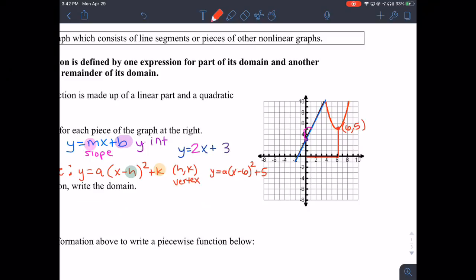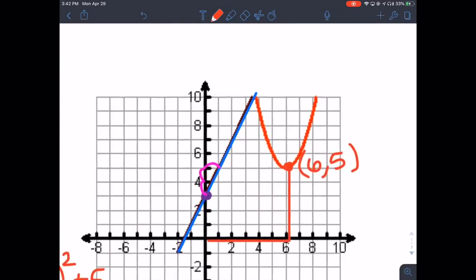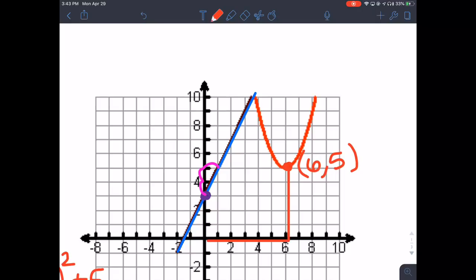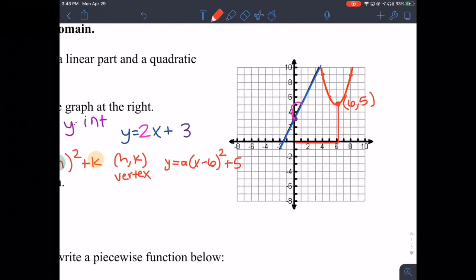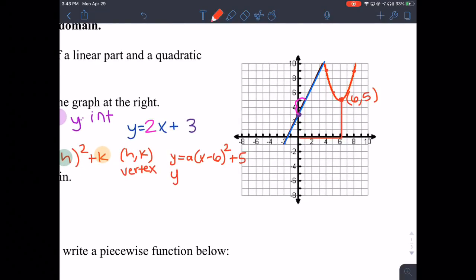Normally, we go over 1, up 1, over 2, up 4, because 1 squared is 1, 2 squared is 4. If we look at this function, from the vertex, if I go over 1, I go up 1, over 2, up 4. So the a value follows that exact same pattern of the parent function. So our a is just a 1. So our final equation here is y equals (x minus 6) squared plus 5.